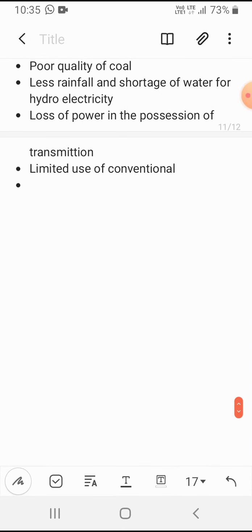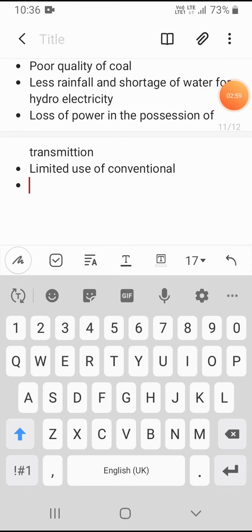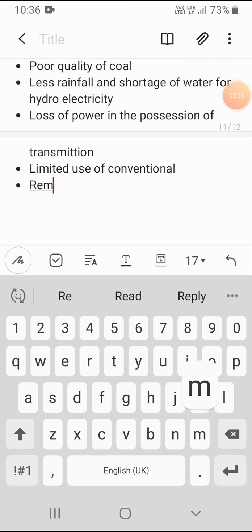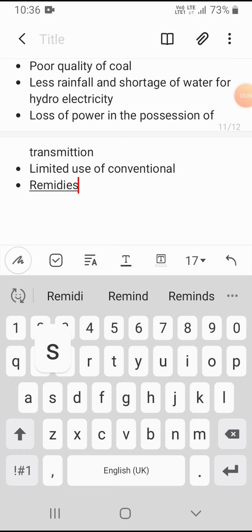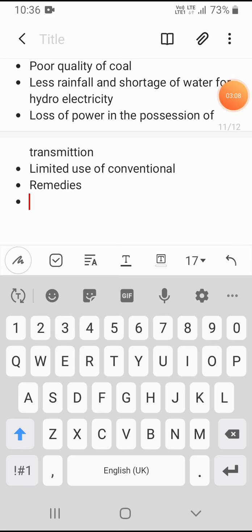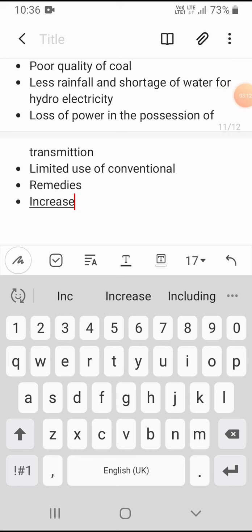The last topic is remedies. What measures should we take to solve the energy crisis? The first remedy is to increase the production of coal and petroleum.